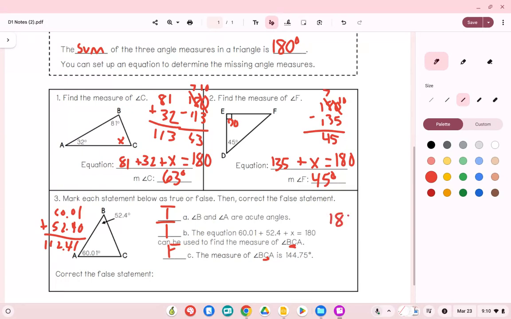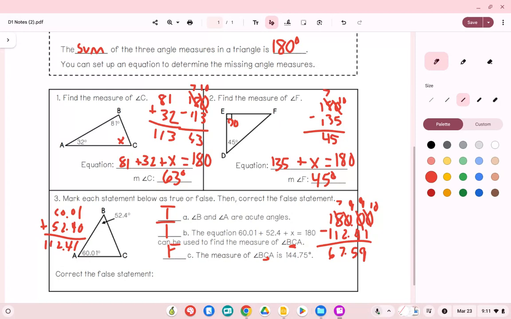But whatever you got there, let's subtract it from 180. 112.41. All right, let's see, 67.59. Again, if I messed up the math, just trust your math, not mine.